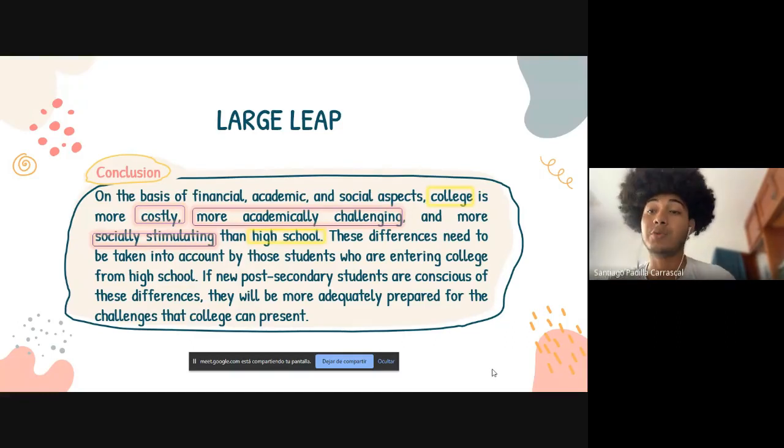Obviously, we have to keep in mind that we have to write details to make this clear, and to make the reader understand. And the next one.